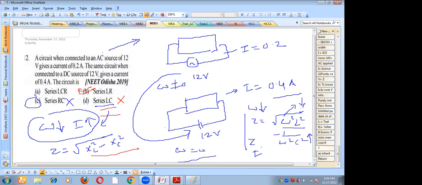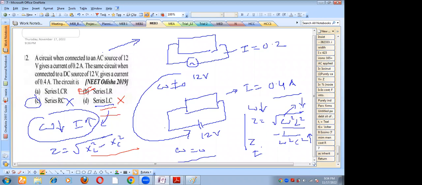Like, we can consider the DC source as the ideal one, and since the AC one is decreasing, we can just say that the current of AC is decreasing compared to the ideal. So this happens in the case of series LR circuit, right?